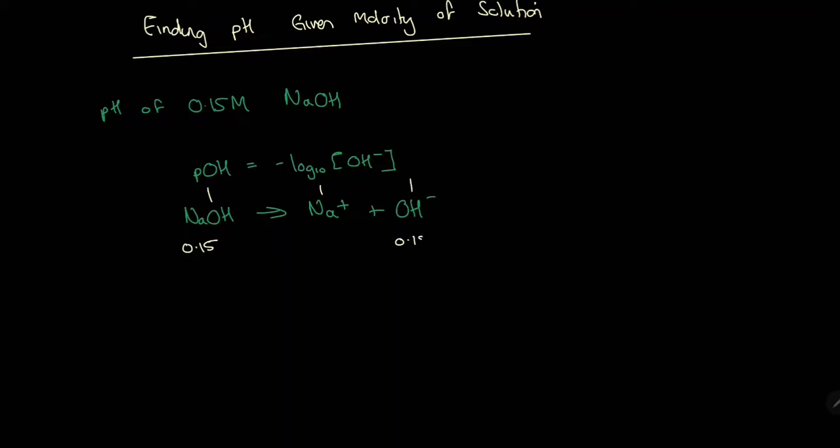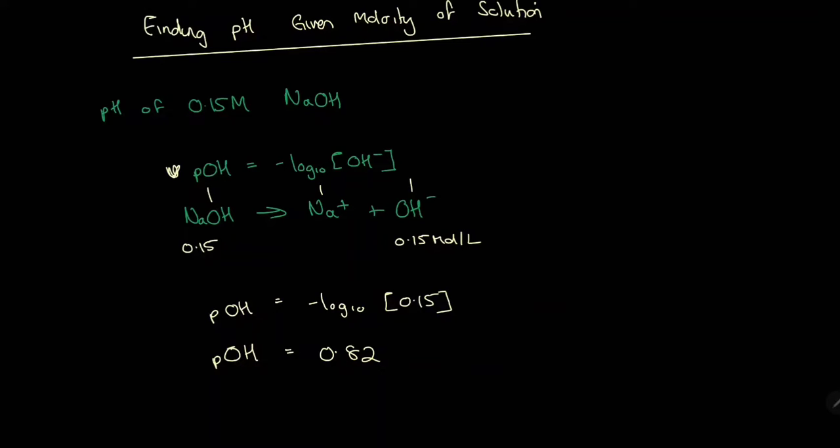So we're going to get 0.15 moles per litre of the hydroxide ion as well. So we can put that up into this formula. Put that into the calculator and we will get 0.82.